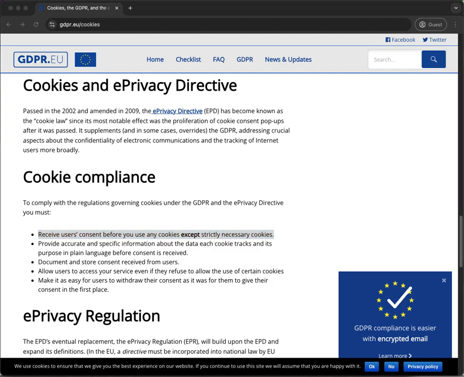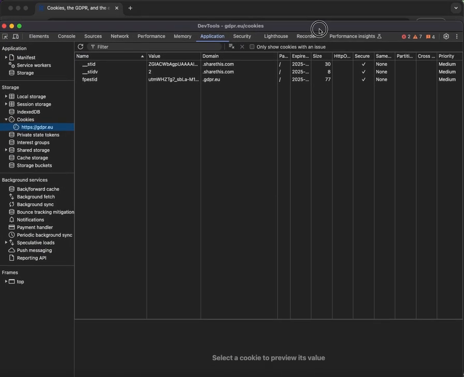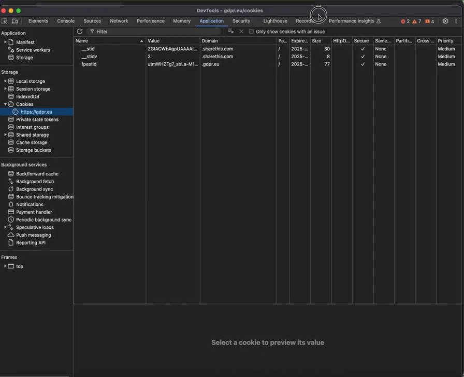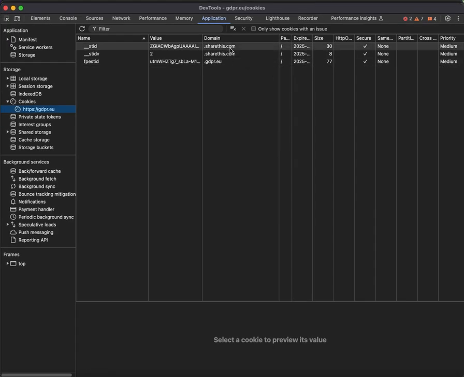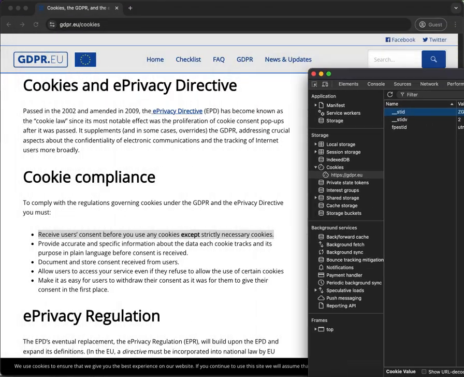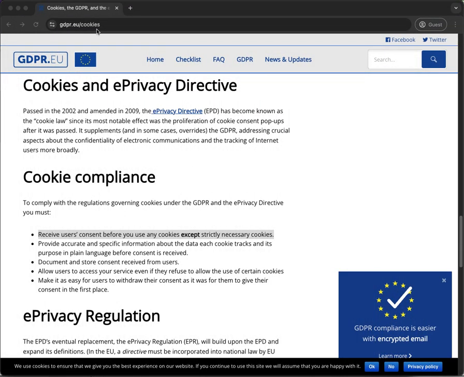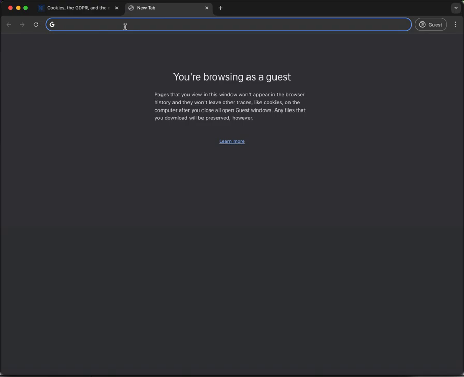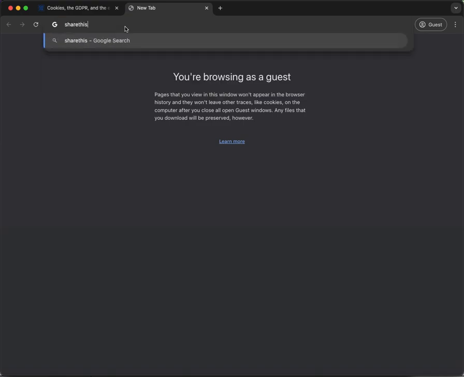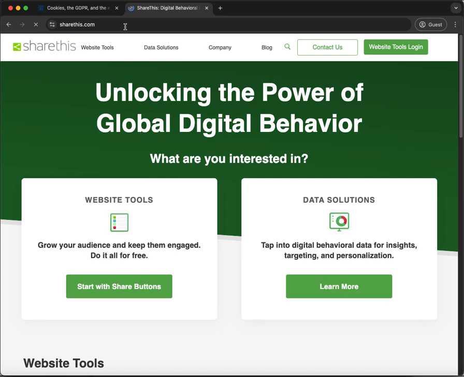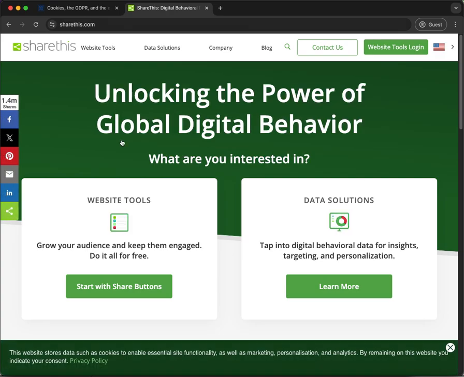So I've got in my debugger here, I've got all the cookies that this site uses being displayed, and there's one here called sharethis.com. So I'm just going to go to that website and have a look at it and see what it is. So there's this website called Unlocking the Power of Digital Behavior.